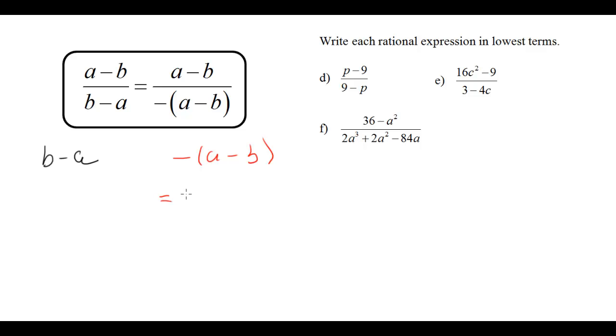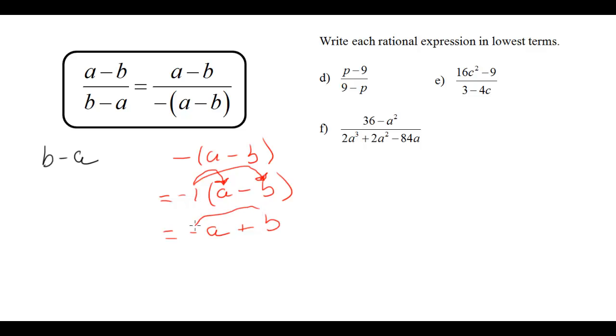Well, that's the same thing as minus 1 times a minus b. And if I distribute that, I get minus 1 times a, which is just minus a. And then I distribute and get minus 1 times minus b. That's going to be a plus, 1 times b is b.